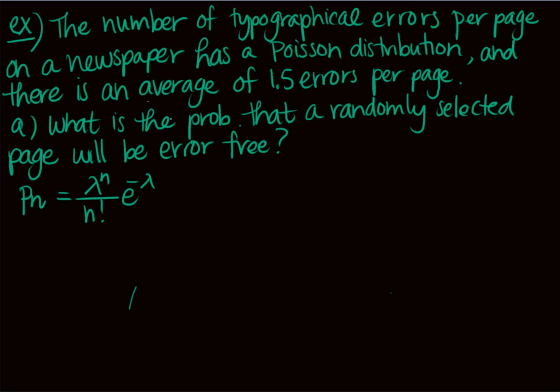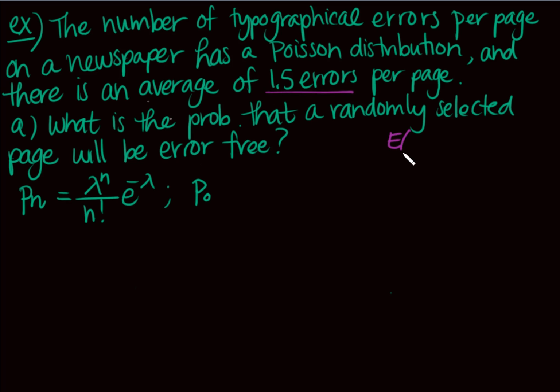Okay, so what is the probability that we have 0 errors? The probability that my outcome is 0, that's the question. So what we want to know is p sub 0. What's the probability I grab a paper and it has 0 errors? I know n is going to be 0, but more importantly, I need to find lambda. Well, we've been given lambda by this number right here.